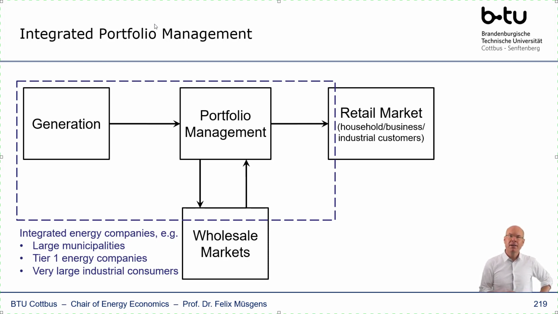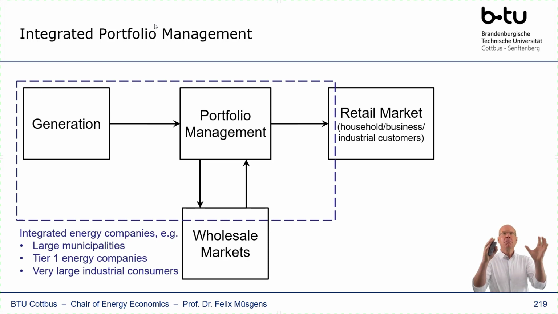Some chemical companies often have their own generation assets and they are also consuming electricity, so they're part of the retail market, if you want to put it that way, and they're also active on the wholesale market. Then again, as I said, Deutsche Bahn is another example, but there are other large industrial consumers who even operate and own their own power plants. And of course, these are also active on the wholesale market.